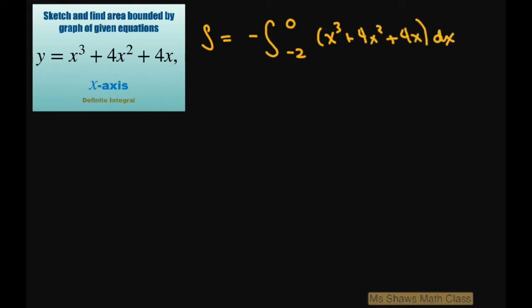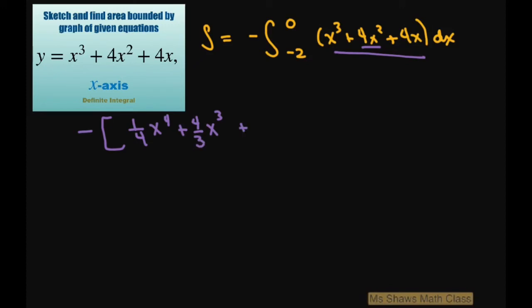Okay, so let's do that. Let me write it out again really quick. So our area is going to be negative, integral from negative 2 to 0 of x cubed plus 4x squared plus 4x dx. So integrating this integrand, we're going to get negative, and then we have 1/4 x to the power of 4 plus, for this piece, x cubed divided by 3, so that's 4/3.